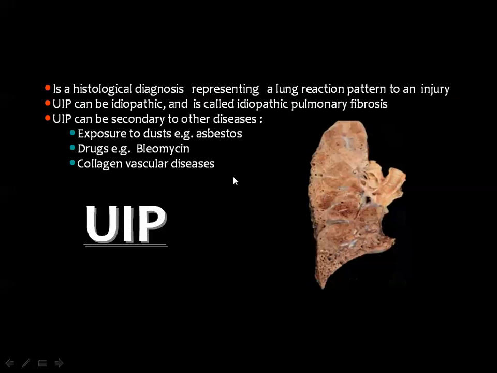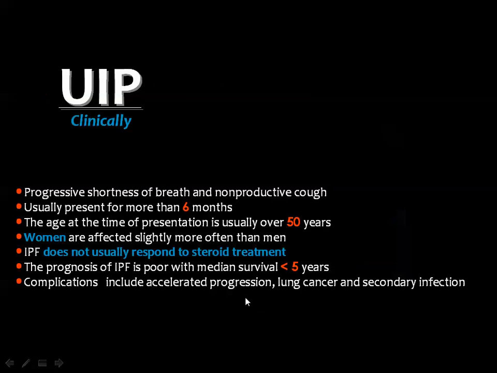But if there is a predisposing factor like exposure to dusts, exposure to drugs, or the presence of a collagen vascular disease, then this is known as usual interstitial pneumonia secondary to these factors.